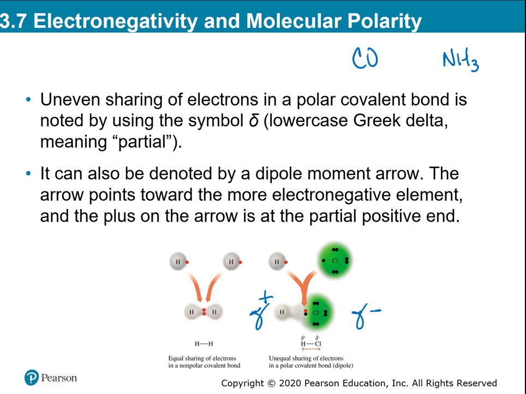Nitrogen, oxygen, fluorine, or chlorine. Okay, so if you saw CH3Cl, polar, one chlorine. If there's only one nitrogen, oxygen, fluorine, or chlorine, I know that it's going to be polar because these are small molecules. The electrons are going to get pulled towards the electronegative, creating that slight charge difference.